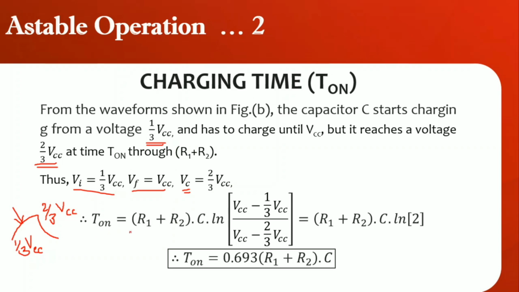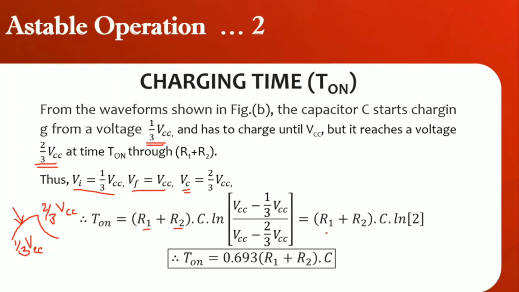Therefore, I can write T1 is equal to R1 plus R2 into C, because both R1 and R2 are responsible for charging of the capacitor. So R1 plus R2 into C into ln of the full voltage minus the starting voltage, over the full voltage minus the final voltage.